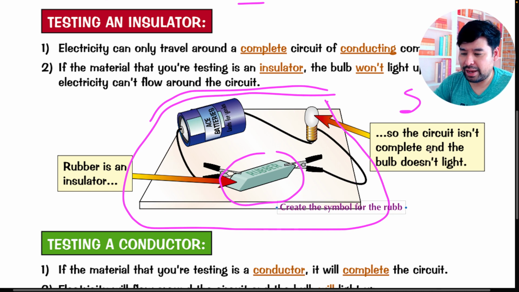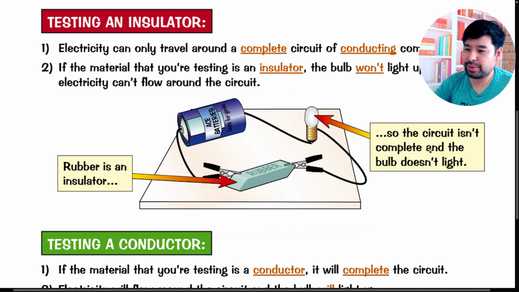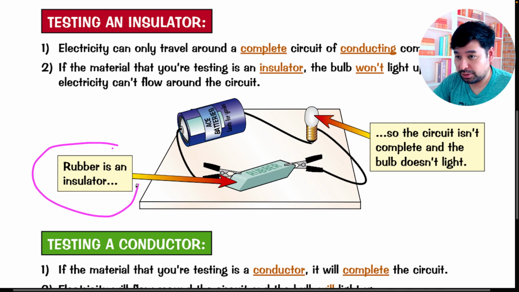Why is it not correct? Let me erase this a little bit to make things clear. Because rubber is not a conductor. If it's not a conductor, the electricity won't pass through, won't reach this place. A very detailed explanation, but no problem, it's okay.